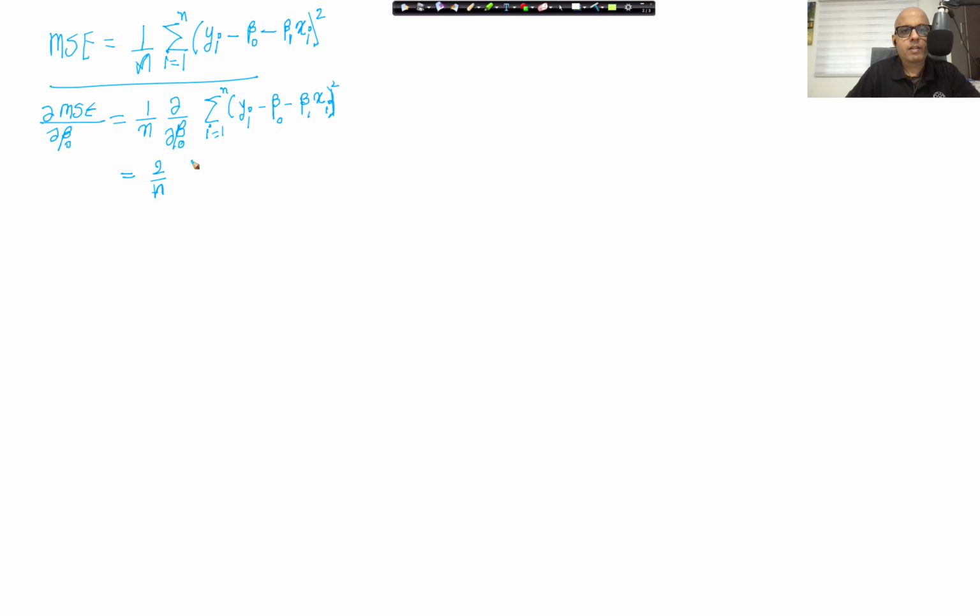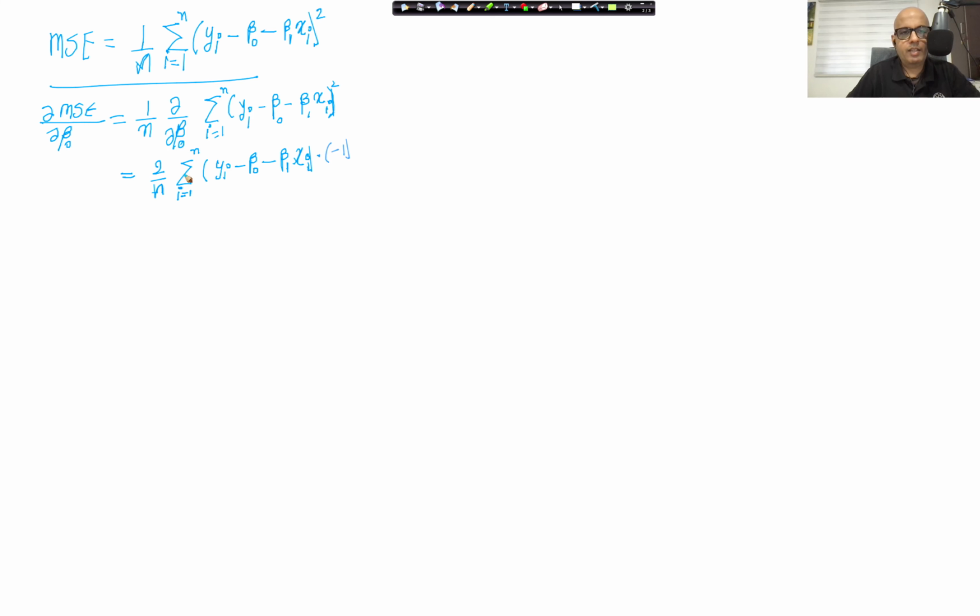This is going to be i equal to 1 to n, and then inside of the parenthesis, when we perform this operation, we would have yi minus beta 0 minus beta 1 xi, and so the 2 goes down there, and then we find the differential of the terms that are inside it, and these would be 0, and all we are left with is beta 0, and that will come out as -1.